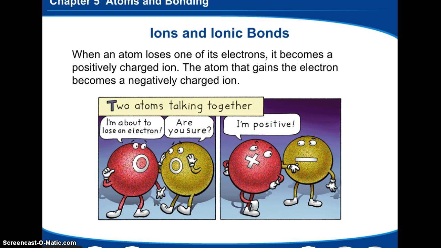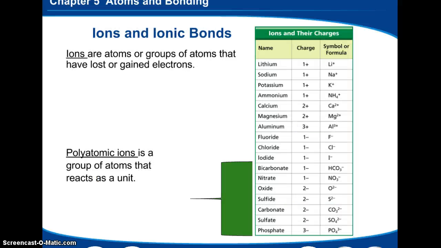So when an atom loses one of its electrons, it becomes a positively charged atom, and when it gains one, it becomes a negatively charged atom. Because the protons don't change, the electrons are the only thing that changes. These are some ions. These are atoms or groups of atoms that have lost or gained electrons.